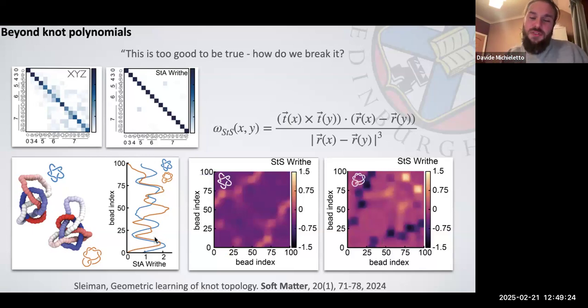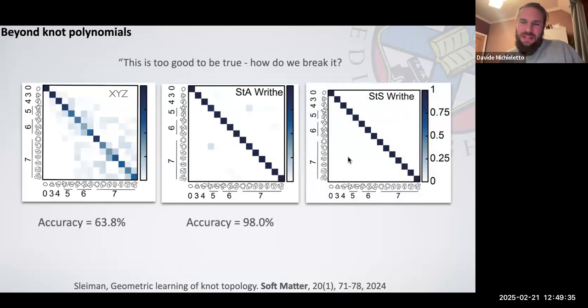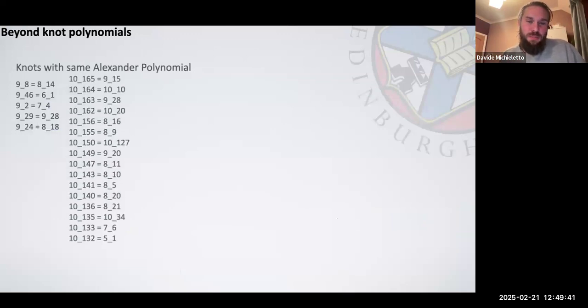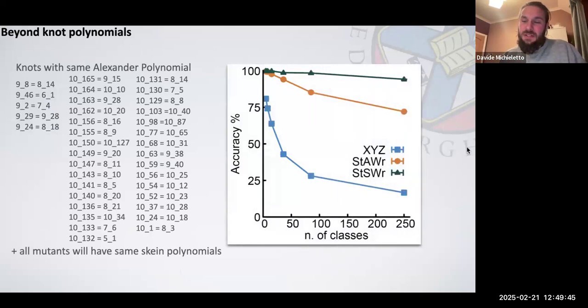This is obvious now. It was not obvious when we started the project, but it's obvious now. So we started to use this matrix as an input feature, and the network gets back to 99.9% or something like this. And then we pushed it to 10 crossing knots, which is 250 different knots.